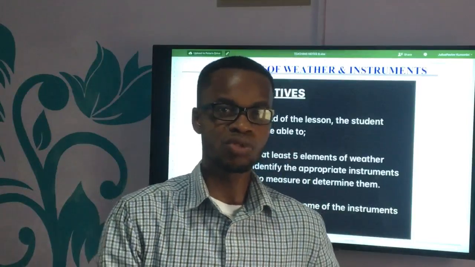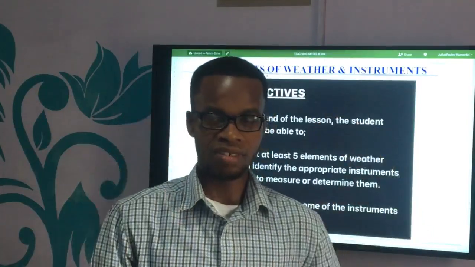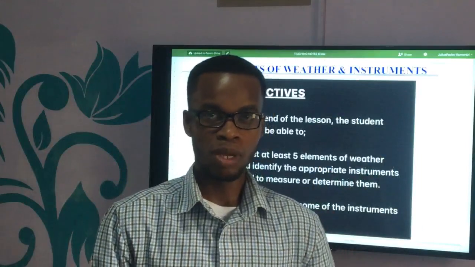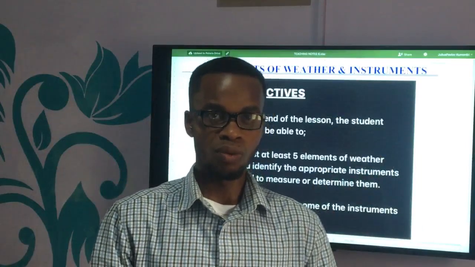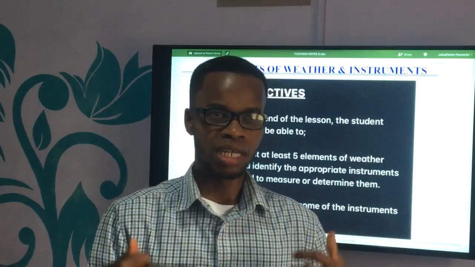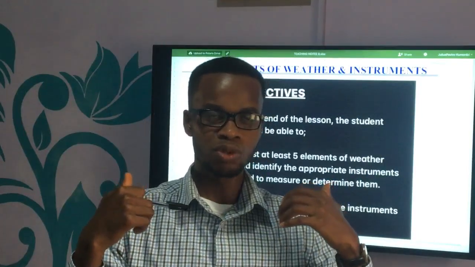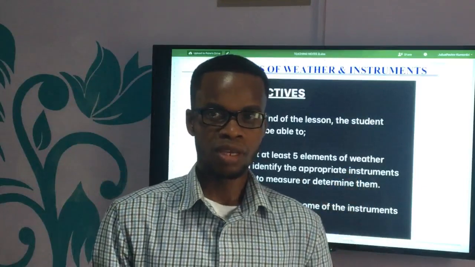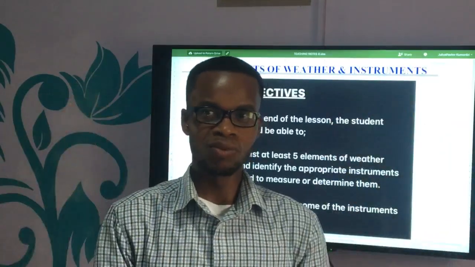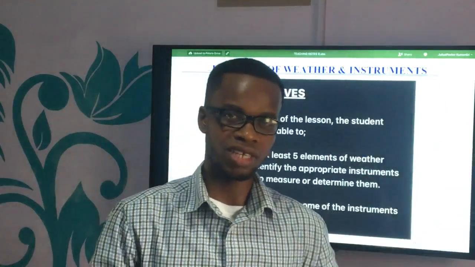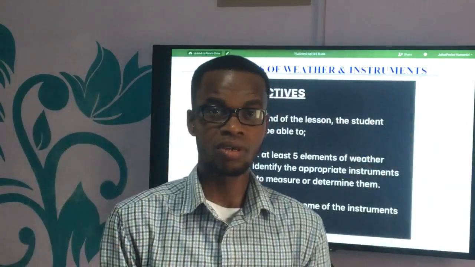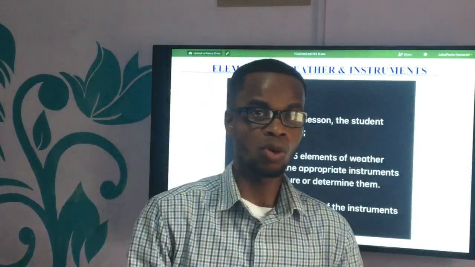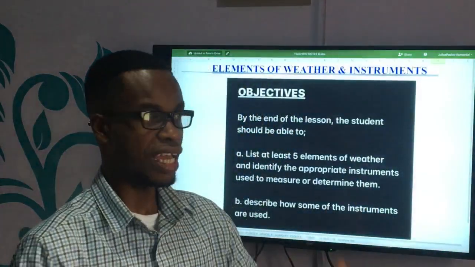So weather is the day-to-day one. They give us the weather condition for today, mostly in the news when we watch news on telly. When they gather this information cumulatively, within a period of 30 to 35 years they can tell the climate of that particular area. So we now know the difference between weather and climate.